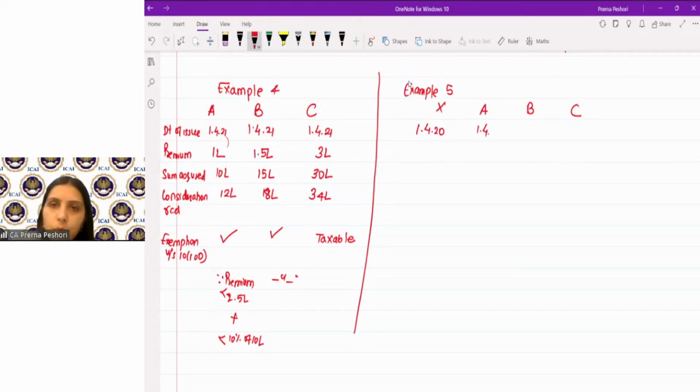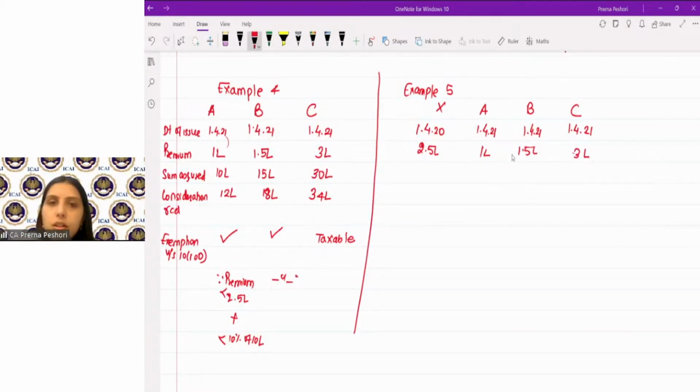This is 1/4/21, this is 1/4/21, and this is also 1/4/21. Annual premium 2.5 lakhs, 1 lakh, 1.5 lakh, and 3 lakh.